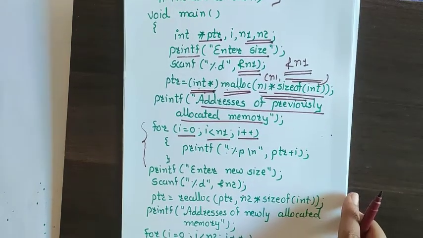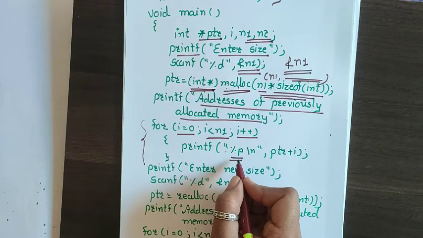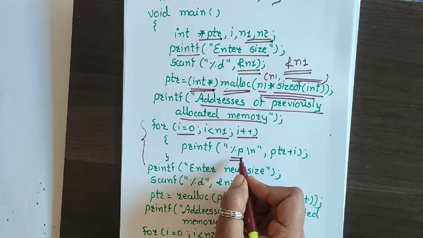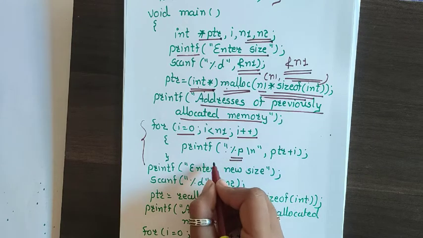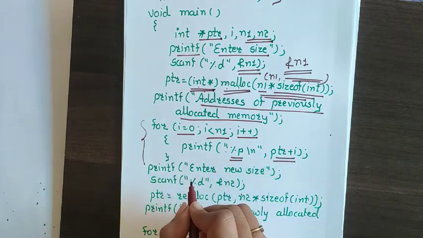And here I'm writing printf, %p, that is used to display the address in hexadecimal form, right? So that's why I have written %p, and here I am having ptr + i.